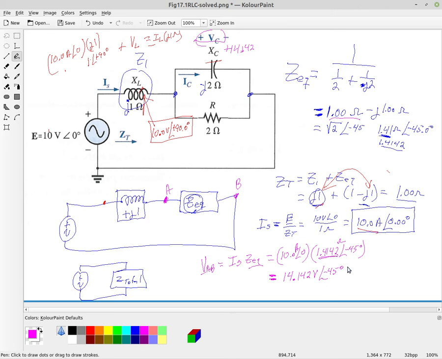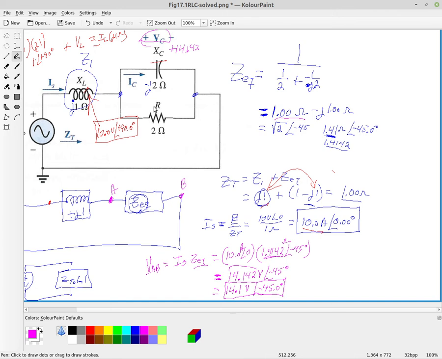If we're going to put that in Blackboard, it would be 1.41 volts at an angle of minus 45.0 degrees. We need to drop it down to 3 digits for Blackboard, but when you're doing your calculations, keep those 5 digits, otherwise you might have a little bit of round-off error.